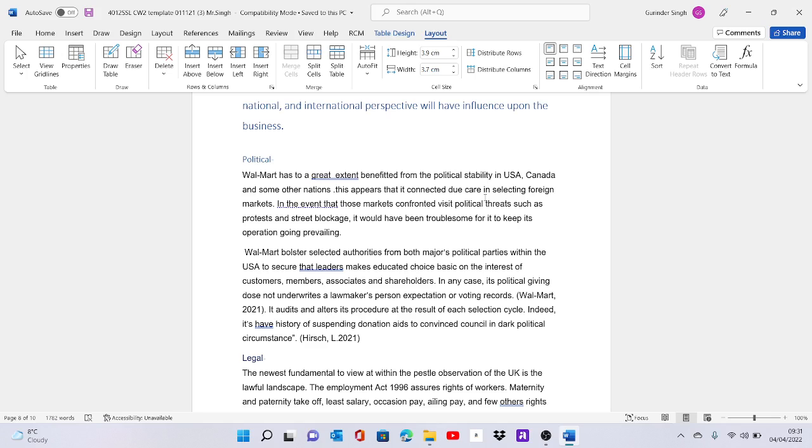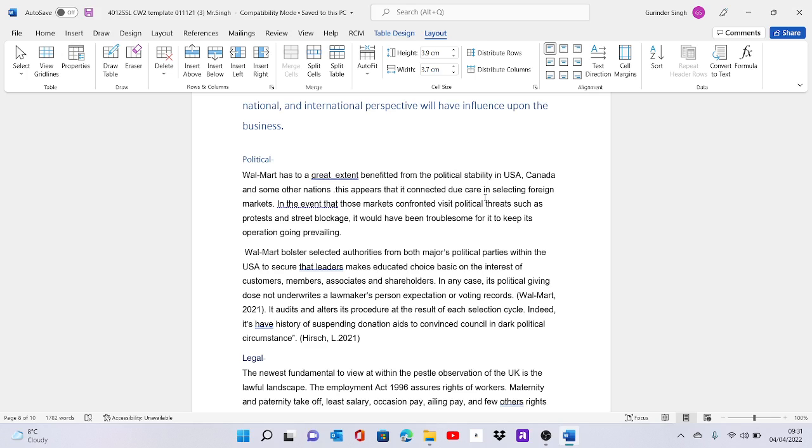This appears that it took due care in selecting foreign markets. In the event that those markets were confronted with political threats such as protests and street blockades, it would have been troublesome for it to keep its operations going.